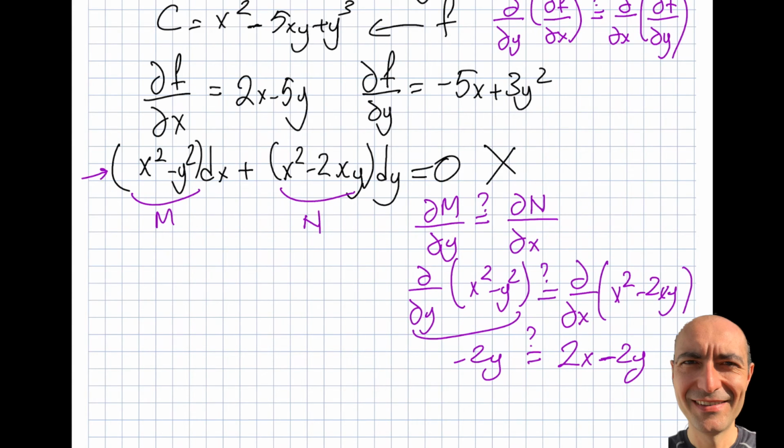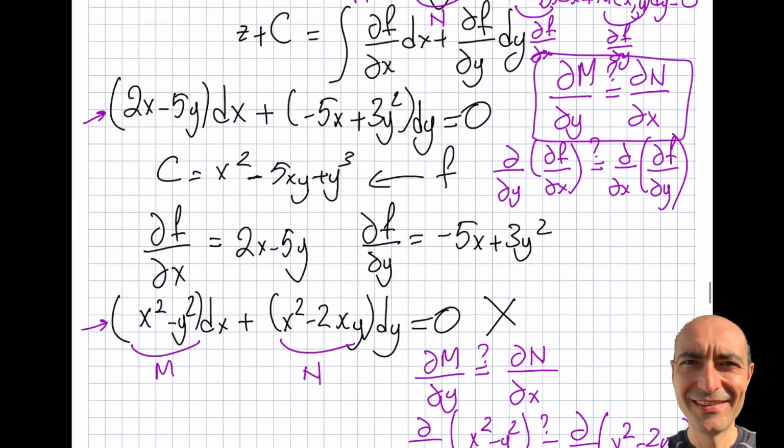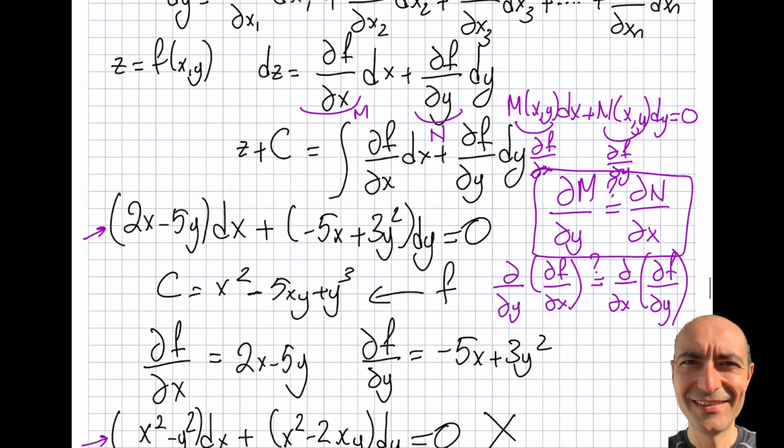Let me give you a flavor of the second question that I asked. Let's say this information was supplied to me. This will be del f del x, which is M, and this is N, which is del f del y.